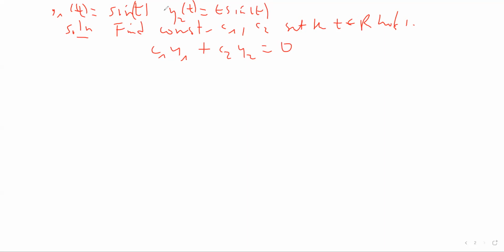If I take C1 times sine t, then C2 times t sine t, I should get 0.